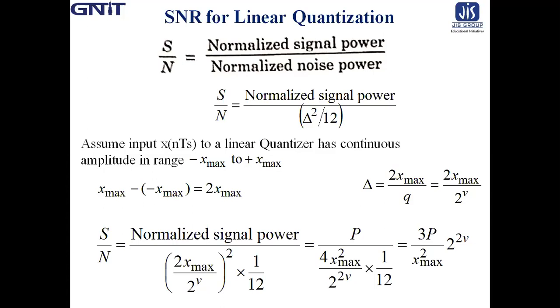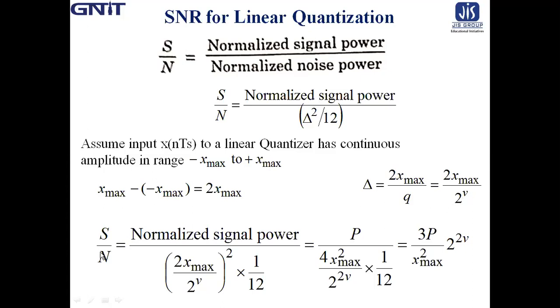Therefore, the total amplitude range, or peak to peak range, is 2Xmax. Therefore, the step size delta is defined as 2Xmax by Q, where Q is the number of quantization levels, so 2Xmax by 2 to the power V.